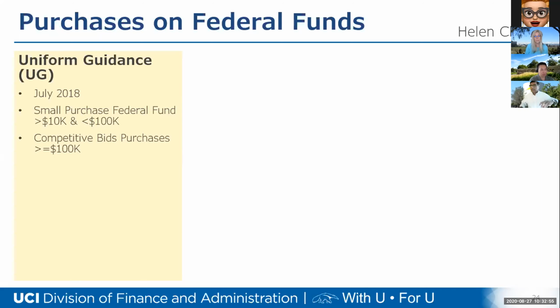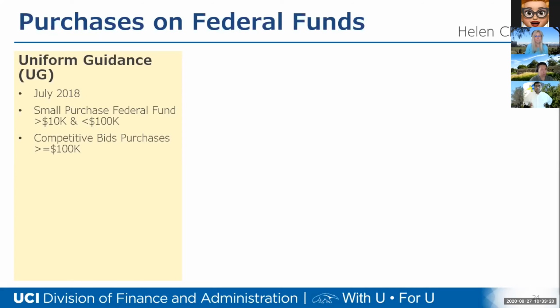The most changes are that for a small purchase on federal funds, the price range is greater than 10,000 and under 100K. Another category of purchase is called competitive bid, which is greater than 100K and has all different requirements.